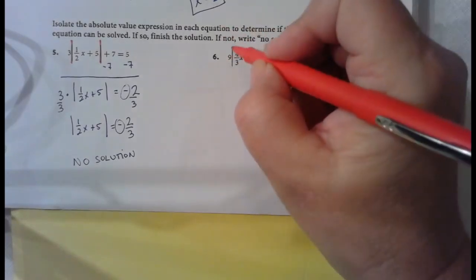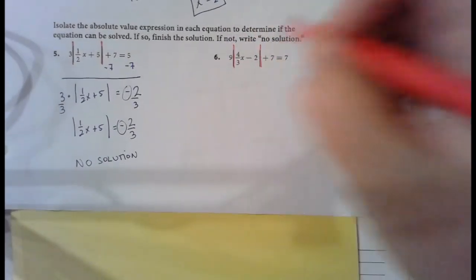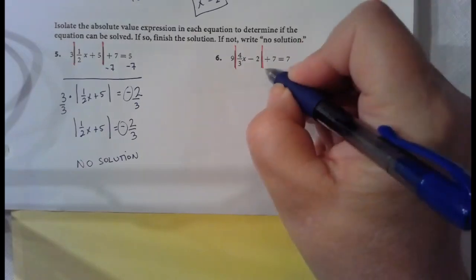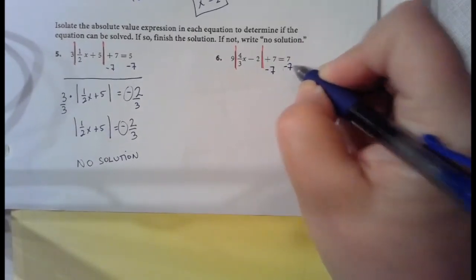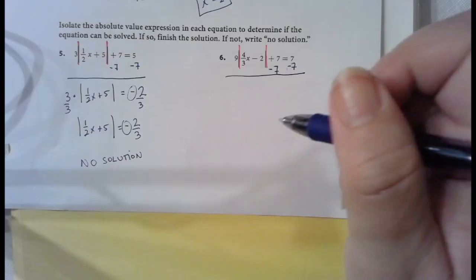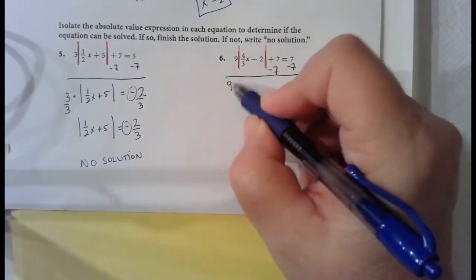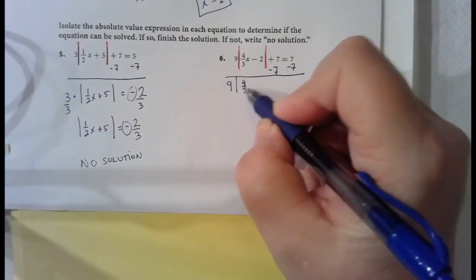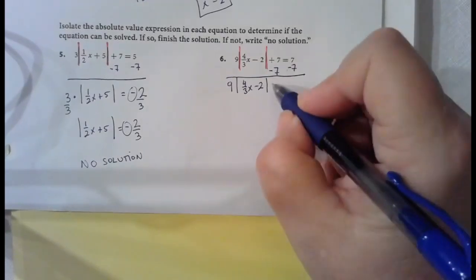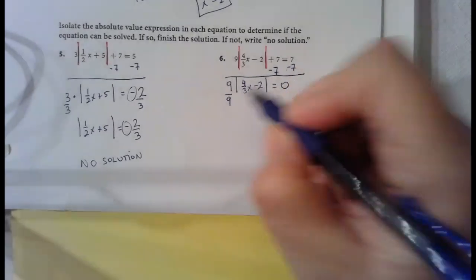Let's look at the next one. Again, my absolute value is not by itself, so I need to get rid of the negative 7, positive 7 first by subtracting. And so I have 9 times the absolute value of 4 over 3x minus 2 equals 0. And now I divide by 9 on both sides, and you know that 0 divided by any number is 0.